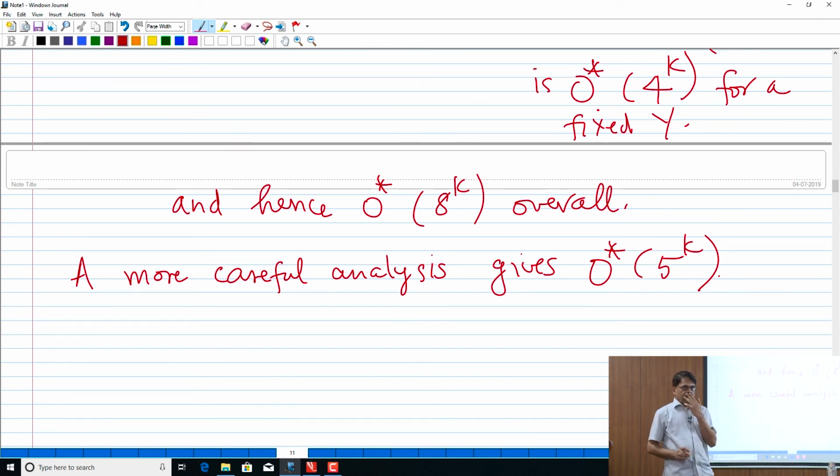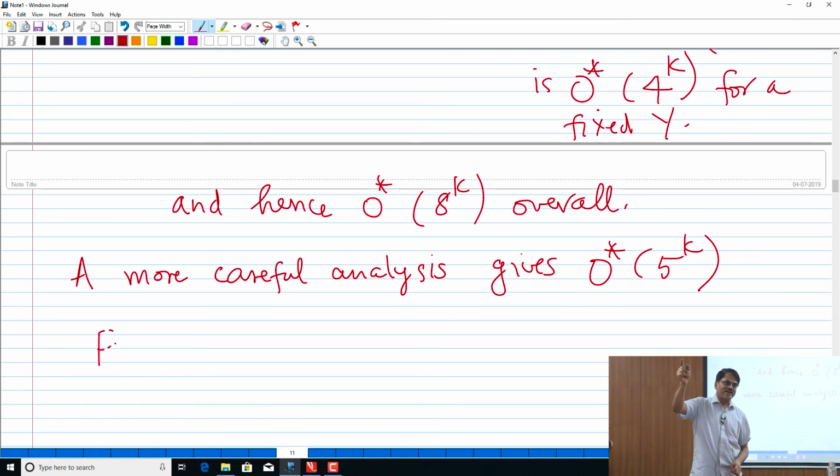And there have been some 4 or 5 papers after this, including one I saw yesterday on arXiv, which improves this 5 to some 2.27 or something. So the race is currently still on. Not just on this problem, even for vertex cover. For vertex cover, there's been no improvement for about 10-15 years now.